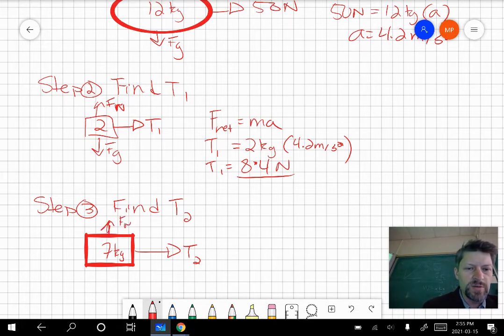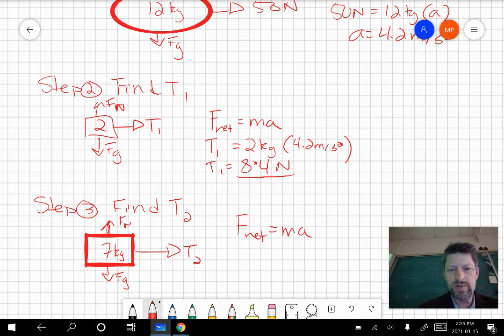And then you just do the same thing as before. You've got your normal force up, you've got gravity down, but they don't really matter in this question. So you're going to say F net equals mass times acceleration. Again, Newton's second law. This time the net force pulling this thing forward is simply T2.